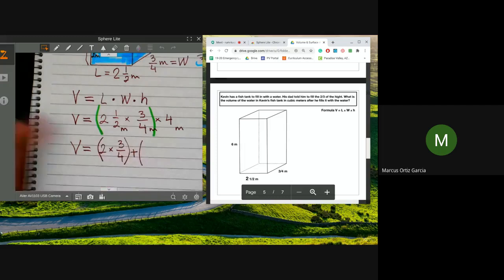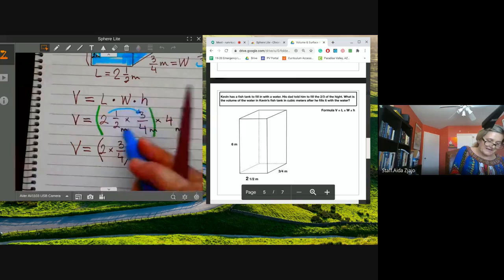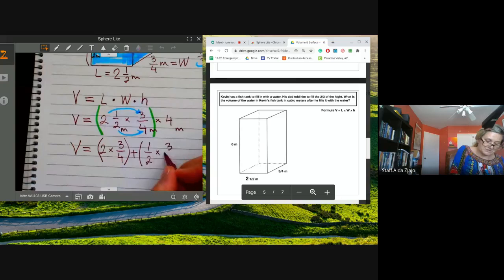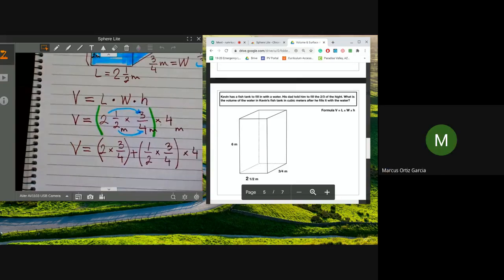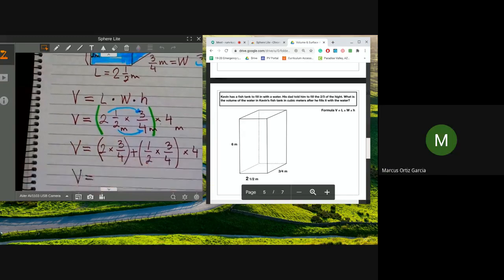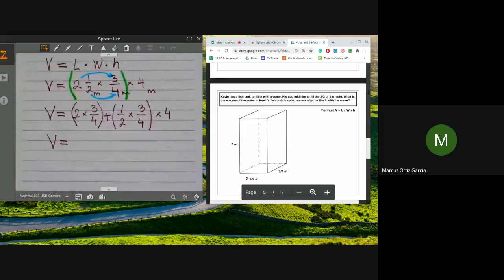Plus 1/2 times 3/4. Bravo, that's right. 1/2 times 3/4. And then I will leave the times 4 still there. Okay, volume equals. Now somebody else can help me continue.